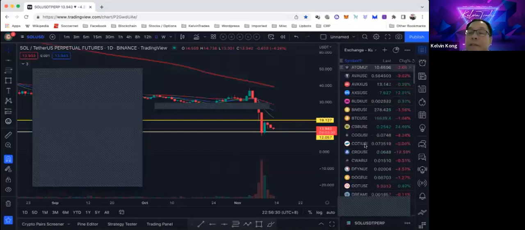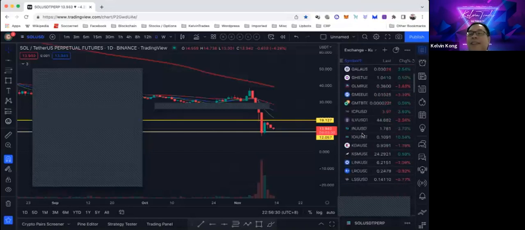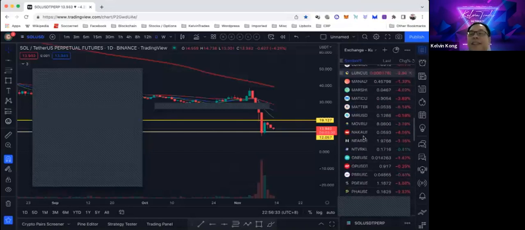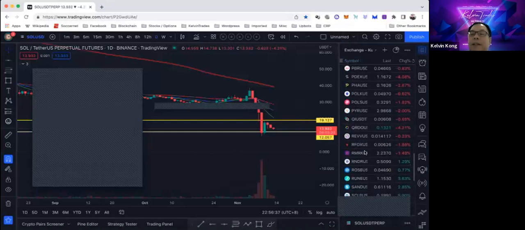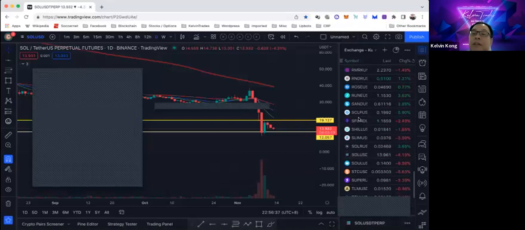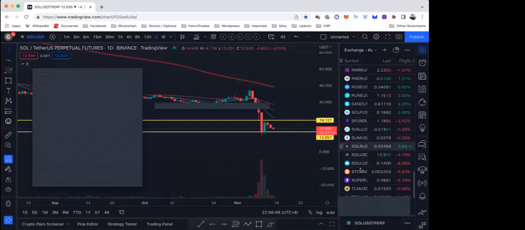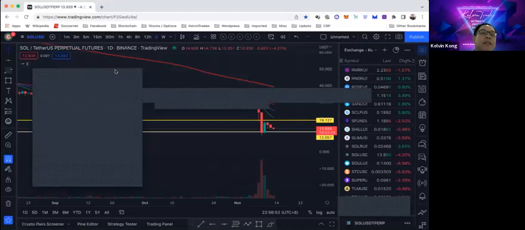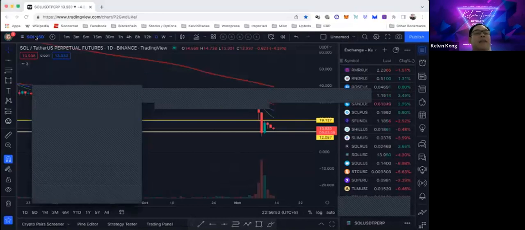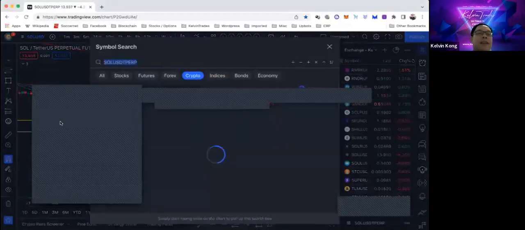Oh, Serum is an FTX coin. That means, how come it's still available to trade? No, Serum is a coin invested by FTX. That's why I say it's an FTX coin.